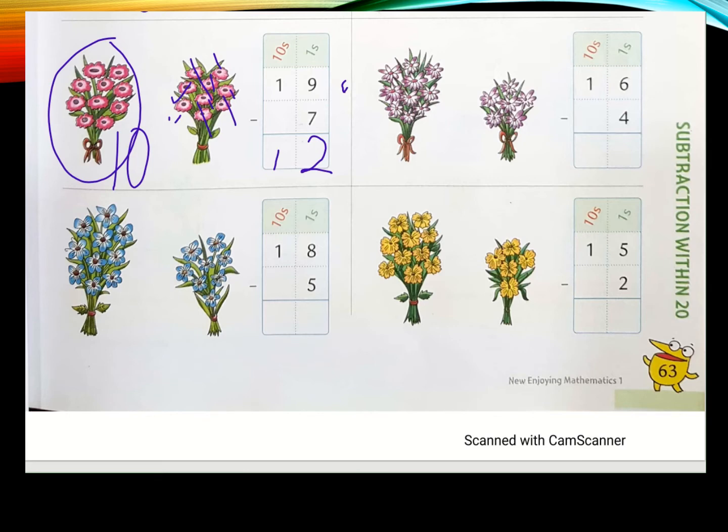16 minus 4. Let's minus 4. 1, 2, 3, 4. How many are left? 10 here, 11, 12.